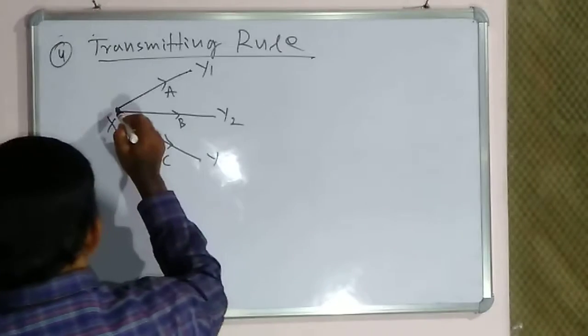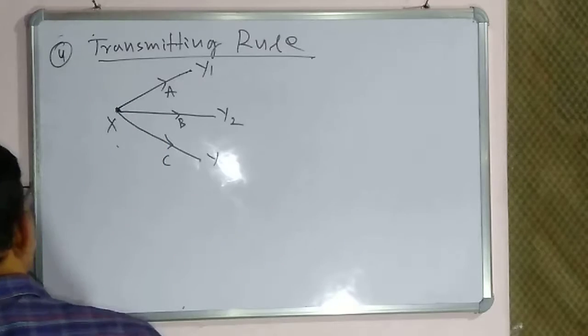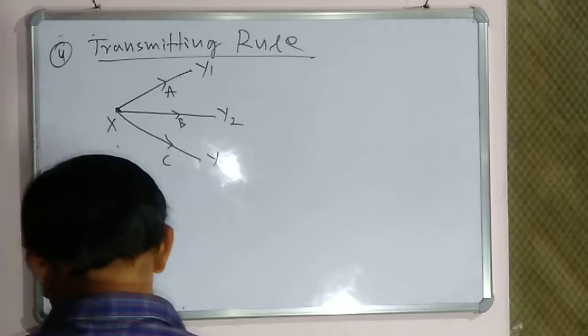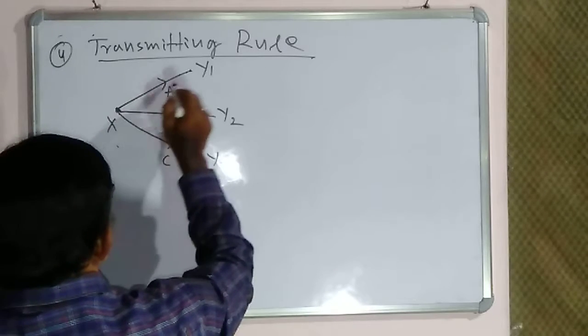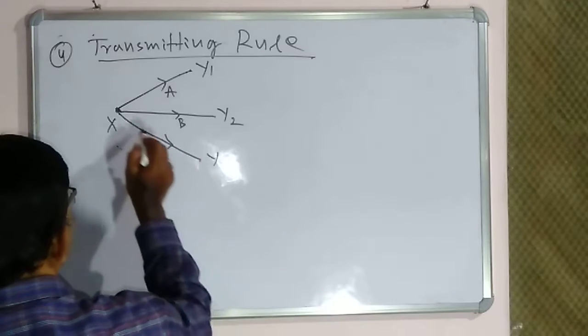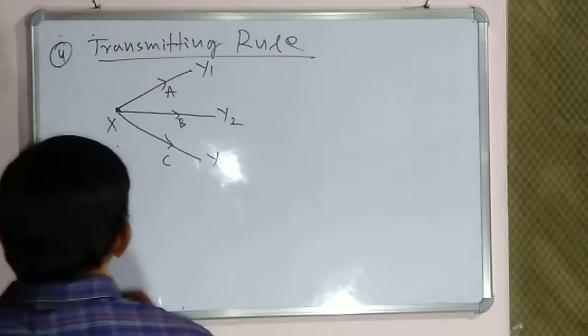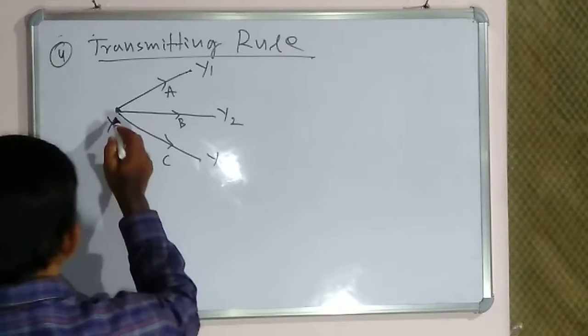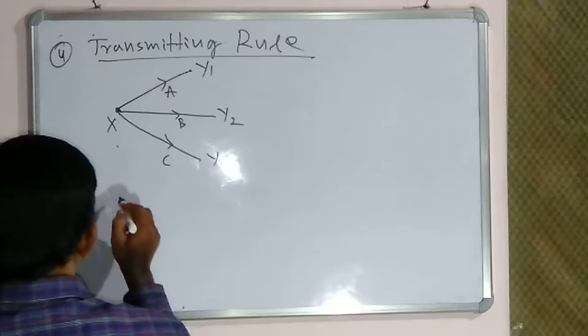If x is the node, then x will transmit in all outgoing branches. If we consider n outgoing branches, then x will transmit in n branches.